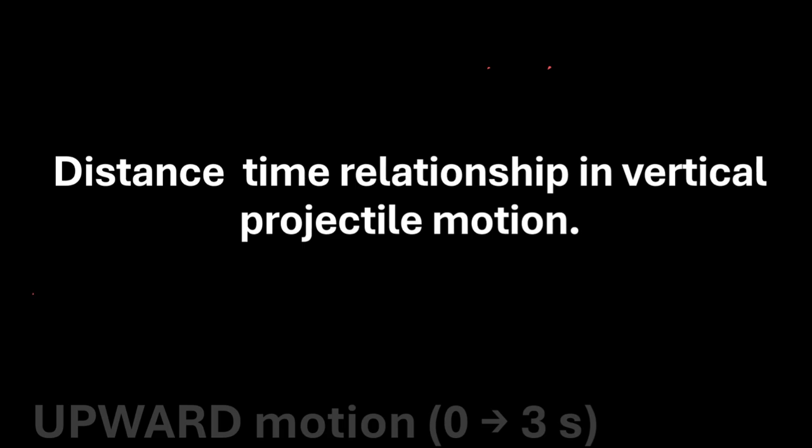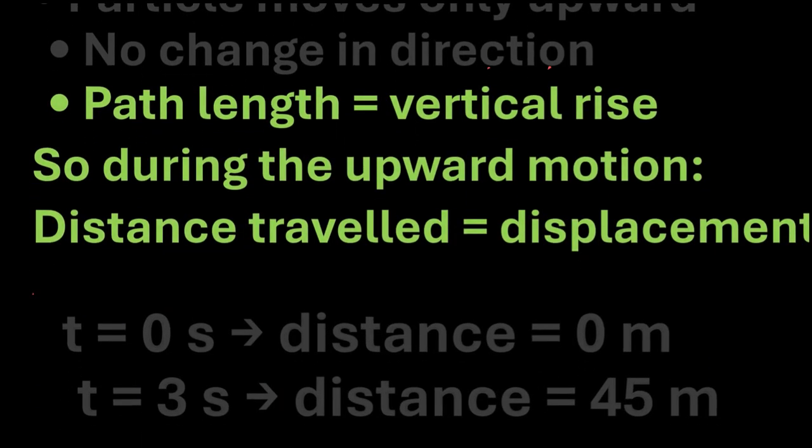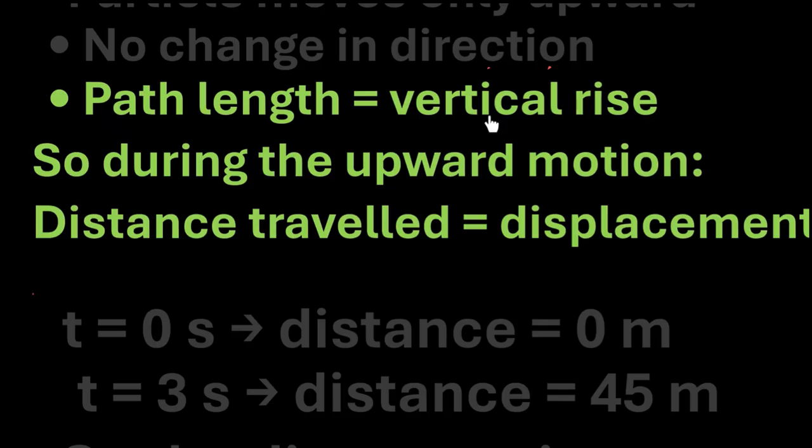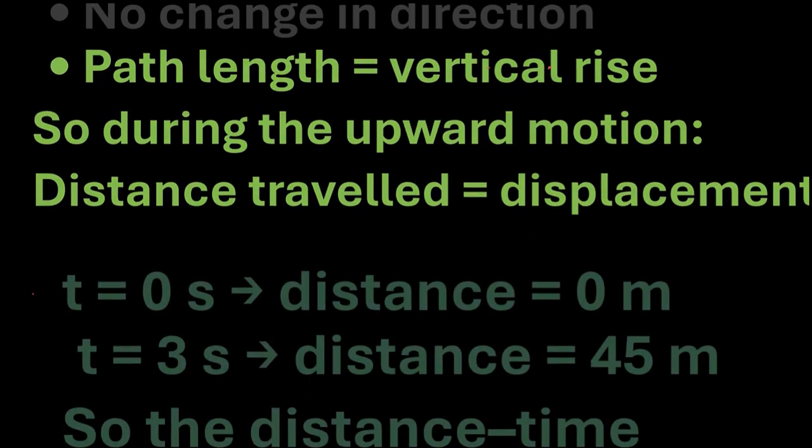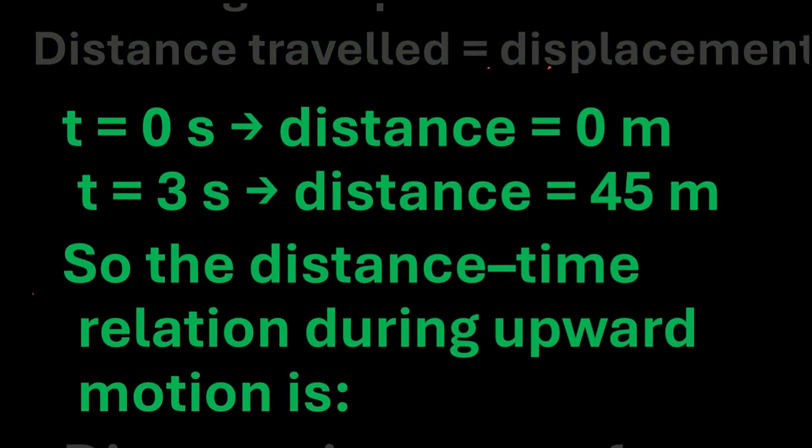Now, very important. Please make note of this. The path length is equal to the vertical rise for the upward motion. So during the upward motion, distance traveled is actually equal to the displacement itself, which means if at t is equal to 0, the distance is 0, the displacement will also be equal to 0.